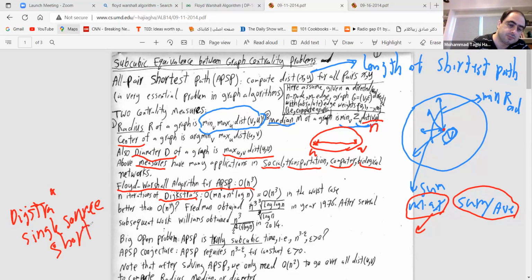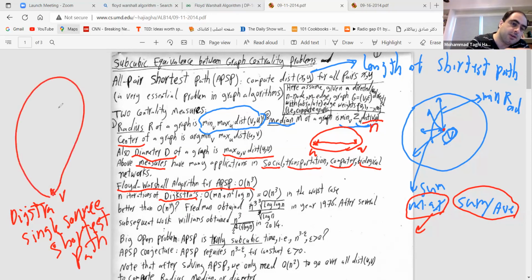So what is this single source shortest path? Here you are given a vertex V, and you want to find all shortest paths from any vertex to vertex V. So this is the shortest path from all vertices to a vertex V.